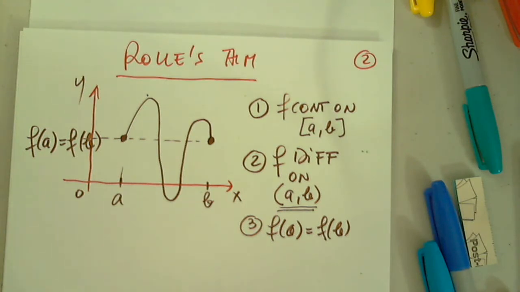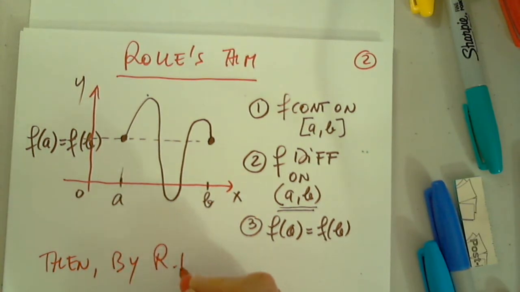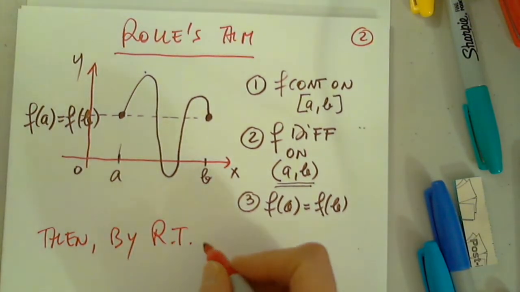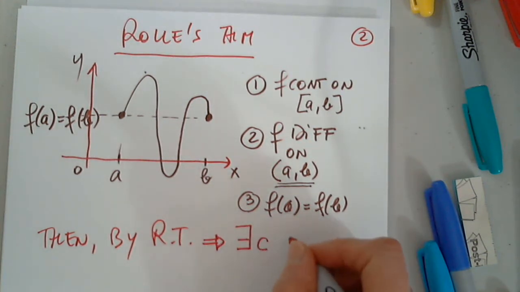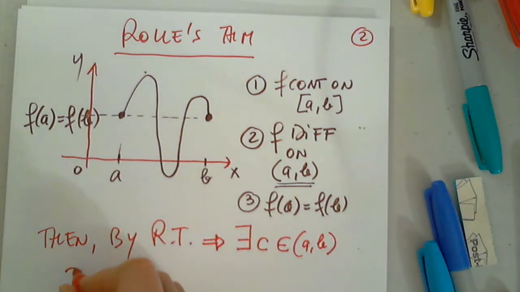Then, by Rolle's theorem, there exists a C in the open interval A comma B such that, what do you think?